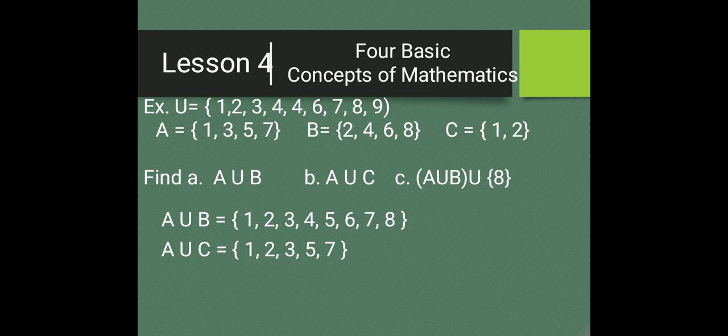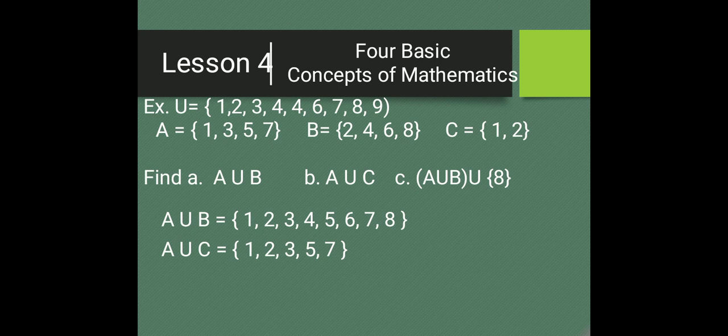Ngayon, sa set C is may 1 and 2. Tapos yung union nila, so may 1 si A, may 1 din sa C, but in union, again, with no duplication, so isang beses lang isulat si 1. So we have 1, 2, 3, 5, and 7. Yan yung union ni A and C.